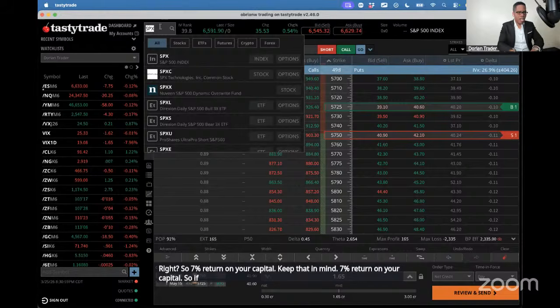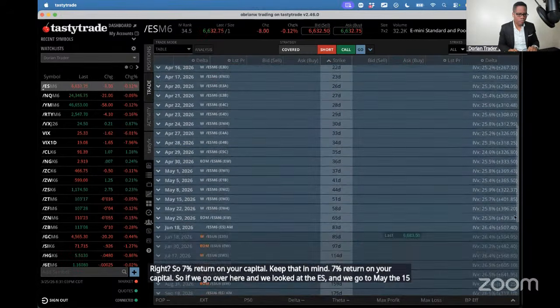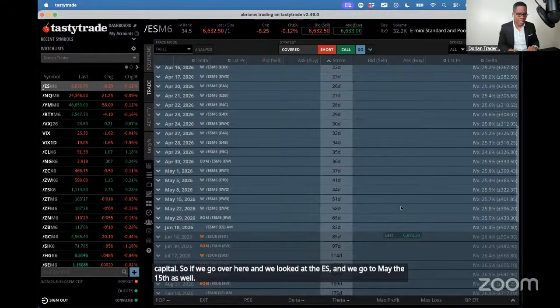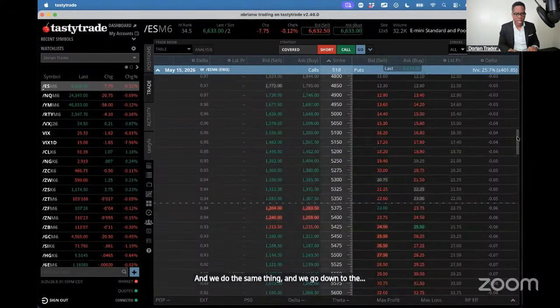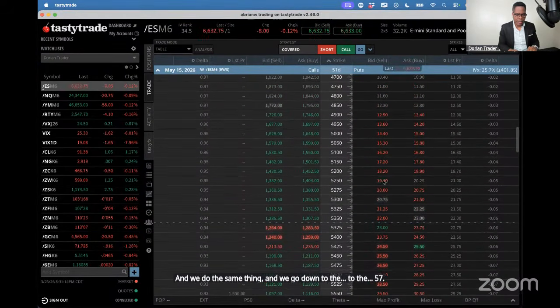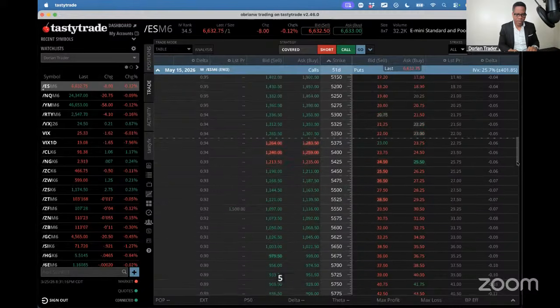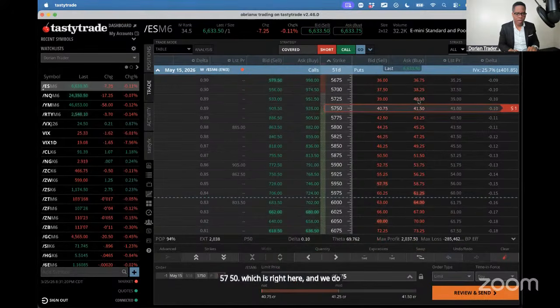If we go over to the ES and go to May the 15th as well, and do the same thing, going down to the 57.50, which is right here, with a 25 point wide spread. It's the same thing.